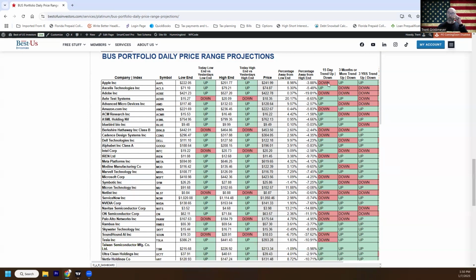Why is this important? First of all, if you're trading these stocks, you're looking at a time frame of typically 15 days or less. And so in this case, the price of Apple is trading below the 15-day period, which tells me that it is inching downward, which if I'm going to go long in something, I may want to take a look at where the 3 month trend, or 63-day trend, is.